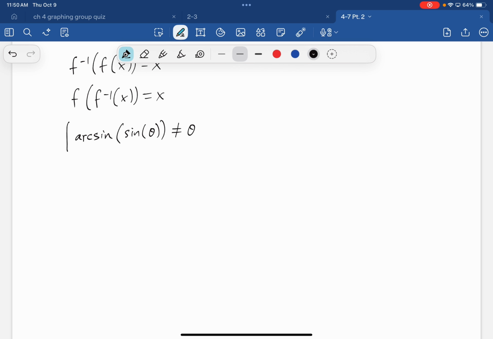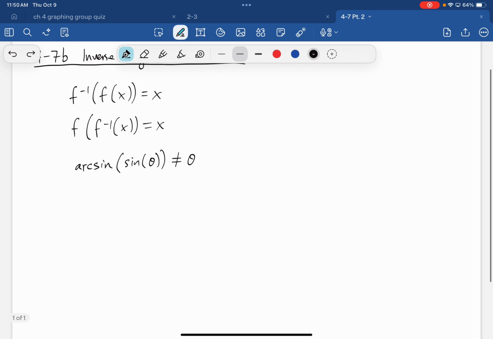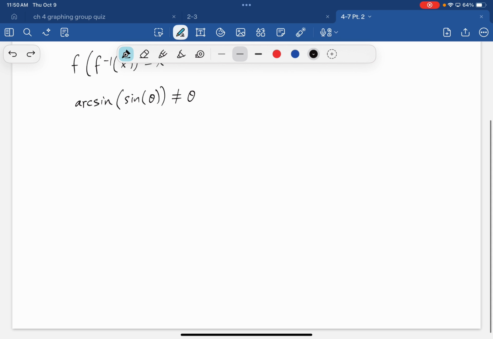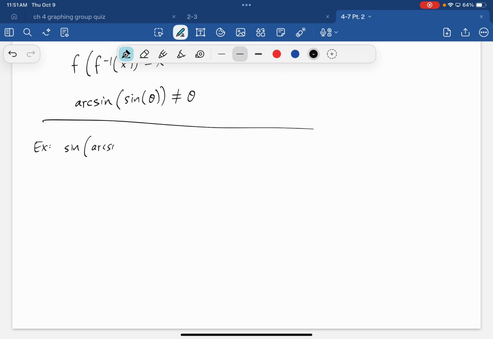Okay, so this is generally not true for inverse trig functions. Be very careful not to make the mistake. Let's start with these kinds of compositions. Say we have sine of arcsine of x.